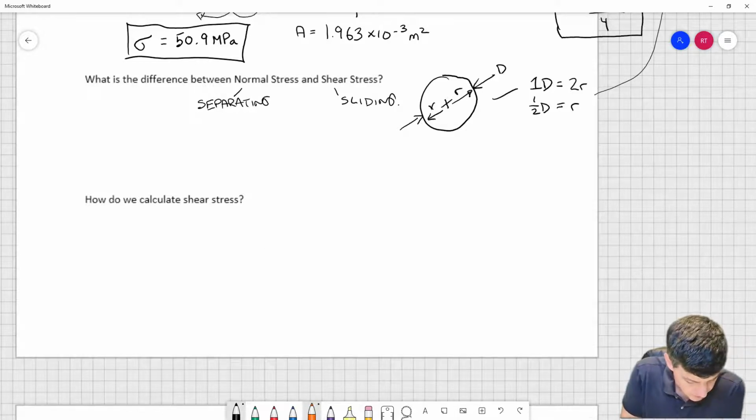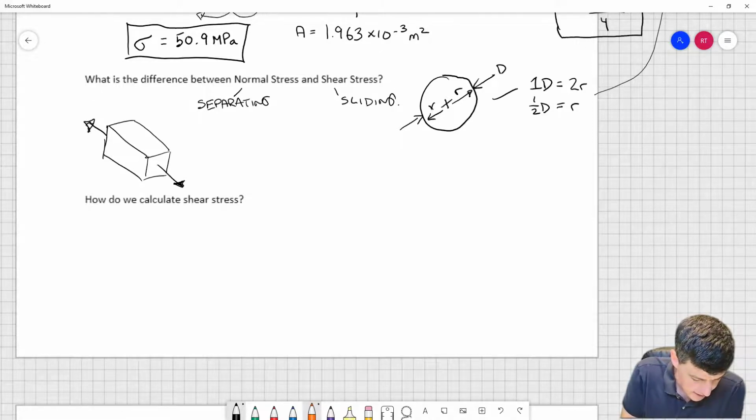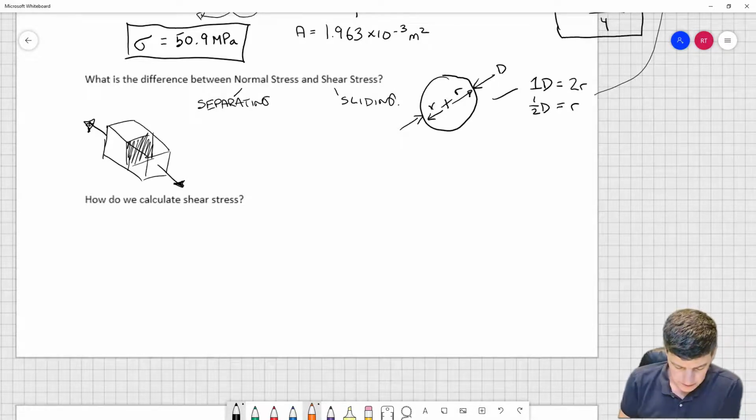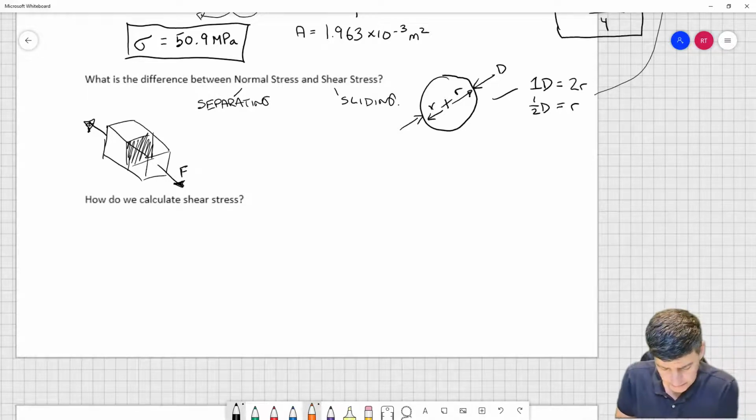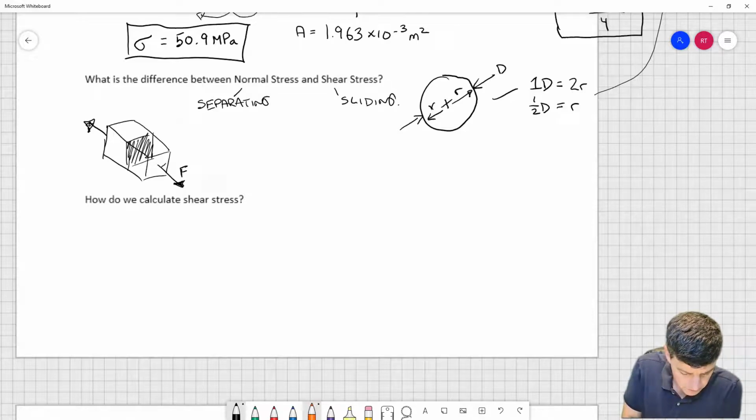So in the case of a normal failure or a normal stress, recall that we would have our force acting on the object, and the force is perpendicular or normal to the area that we would consider. So we have our force acting there, and that force would be perpendicular to that surface.